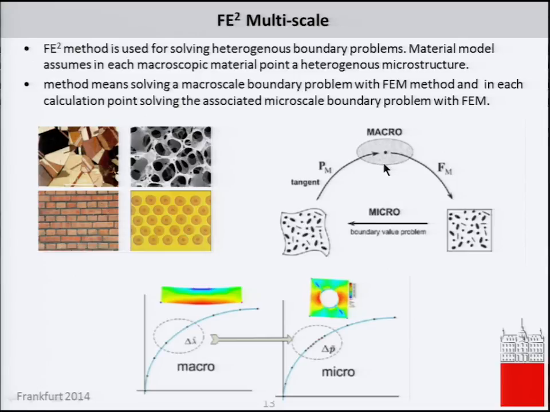And if everything is nonlinear, we get two nested nonlinear problems at the macro and micro scale, and we are jumping up and down. And to solve everything coherently together, we have to linearize consistently, and that's the point where sensitivity analysis comes into play.